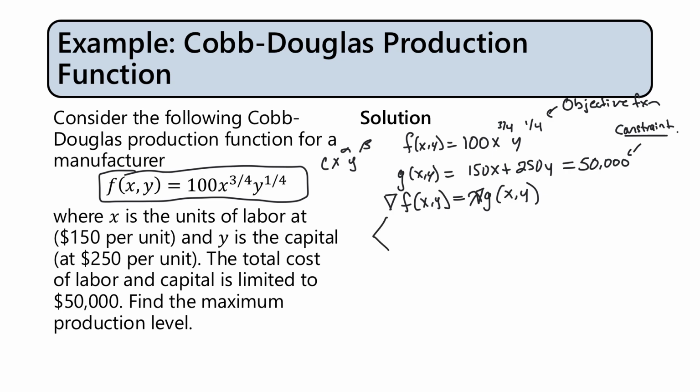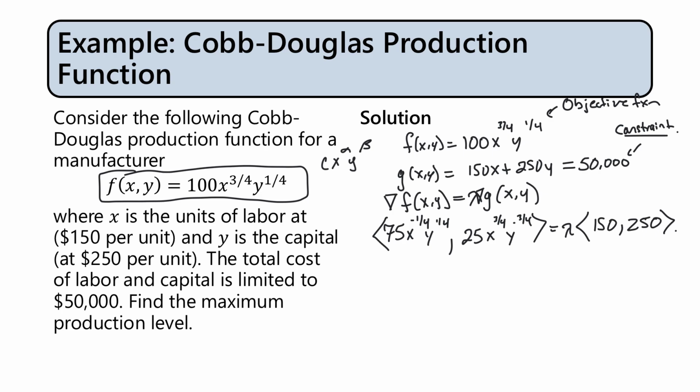So the gradient of f is going to be, if we multiply that out, 75x to the negative 1/4, y to the 1/4 in the x position, and then for the y, that's going to be 25x to the 3/4, and then y to the negative 3/4, equal to lambda times the gradient of g. And for the x and y, those are kind of nice. That's going to be 150 and 250.